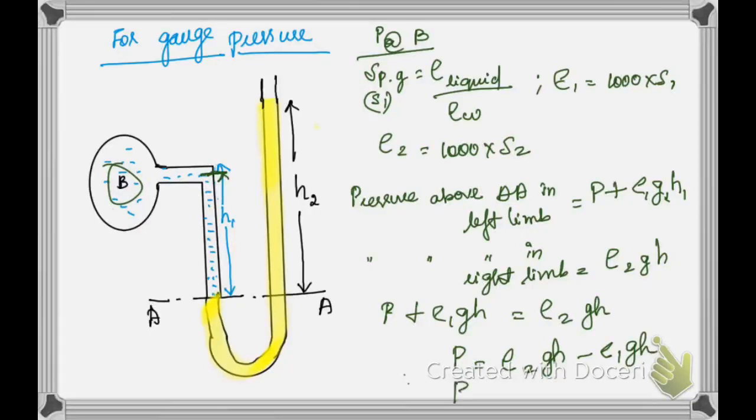So I can take GH as H1 H2. Sorry. So I can take only G as common: rho 2 H2 minus rho 1 H1.